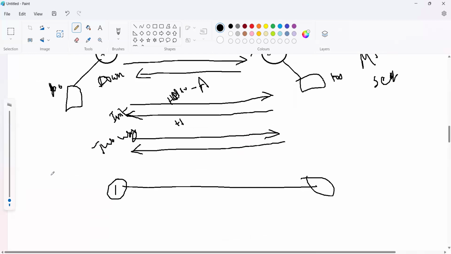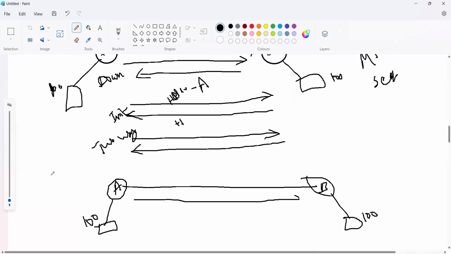Router A and router B. Router A has 100 LAN prefixes, and router B also has 100 LAN prefixes. So router A requests, do you have any LAN prefixes? Can you give me? So router B is updating.